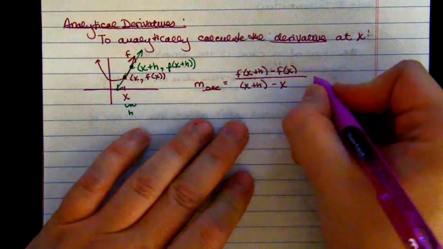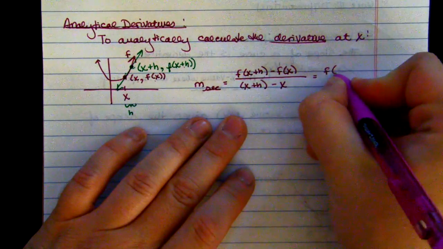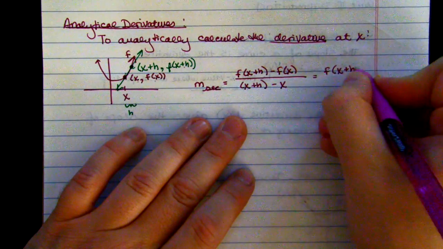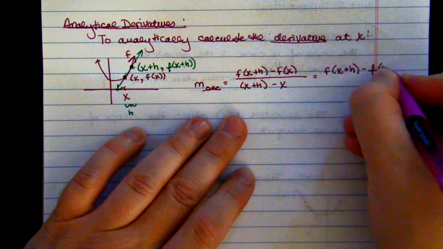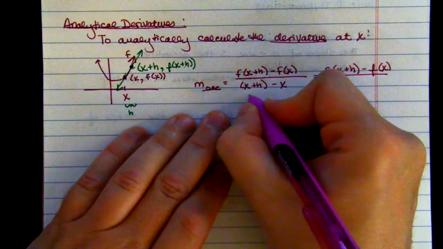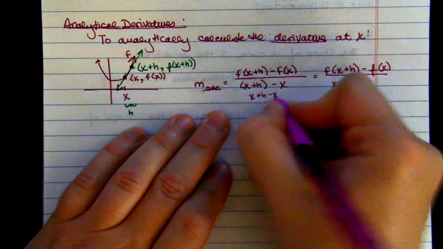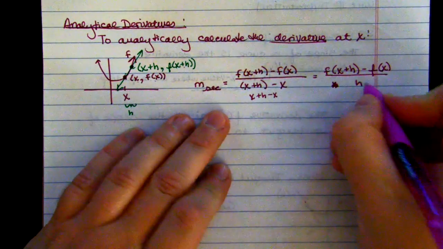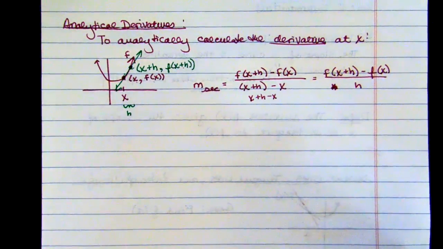I can do a little bit of simplifying in the denominator. I'm going to get f of x plus h minus f of x over x plus h minus x. I can cancel those x's, and my denominator is just going to be h. And that's the slope of my secant line.